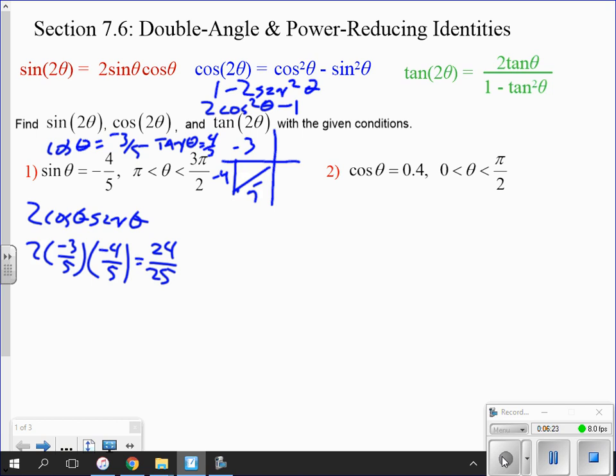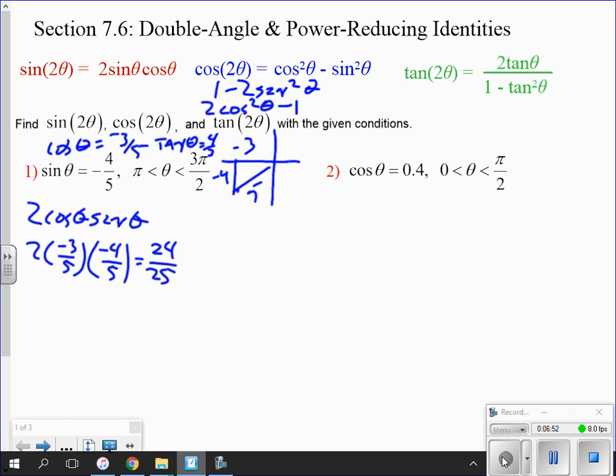Now I need to find the cosine of 2 theta. I have choices for which formula to use. If I was going straight to the cosine of 2 theta and I was only given the sine, I would use the second one here, 1 minus 2 sine squared theta. To be perfectly honest, the first one is actually the easiest one to do on this problem, because I have common denominators.